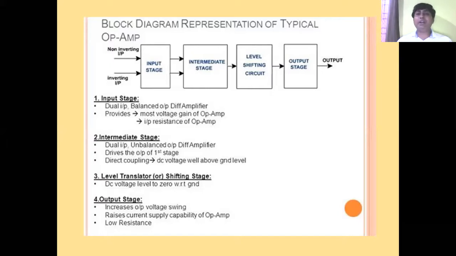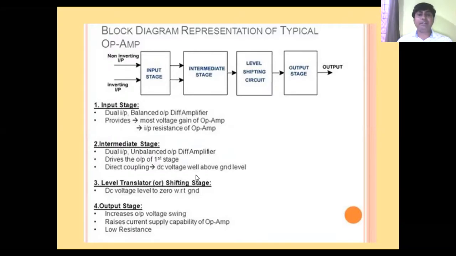So in this third block, the level shifting circuit, the DC voltage level to 0 with respect to ground is maintained.